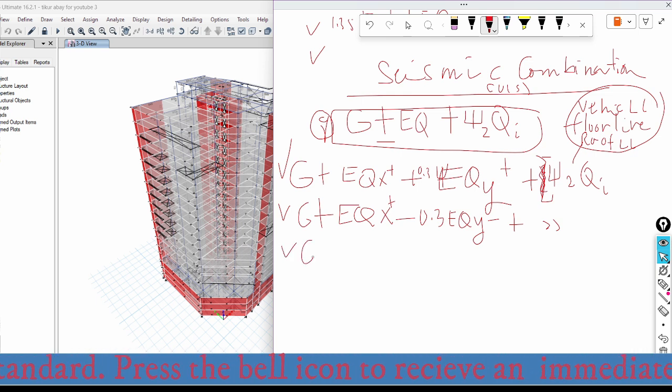And the third one is the permanent load minus 100% of the earthquake load in negative x direction, combined with 30% of the earthquake load in y positive direction, plus this combination.